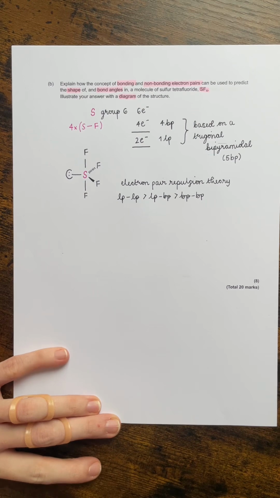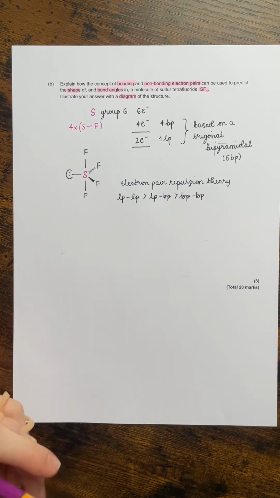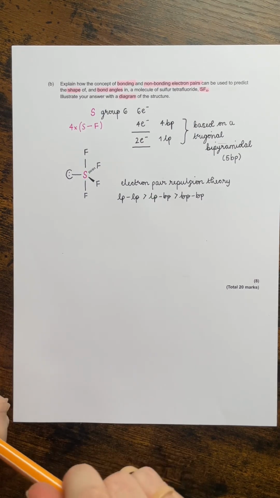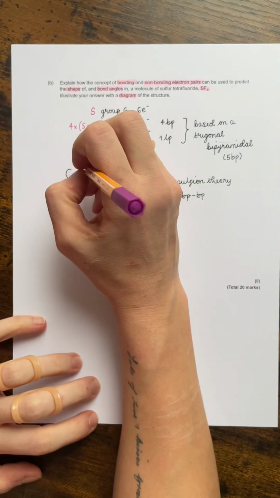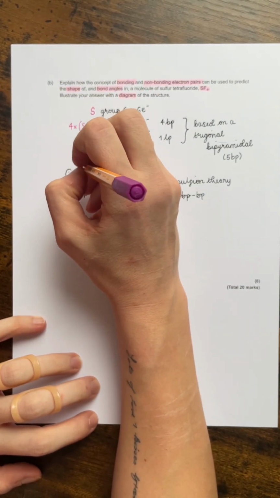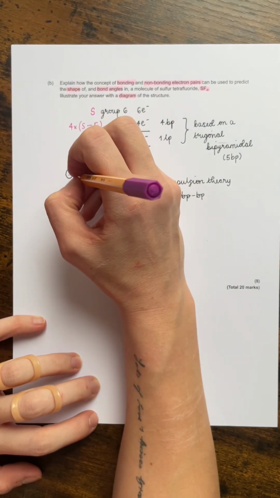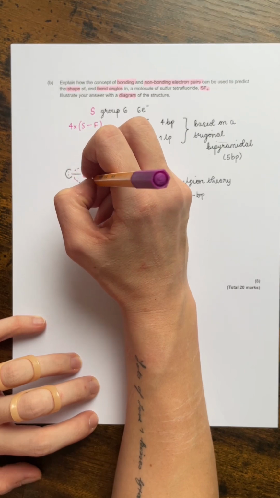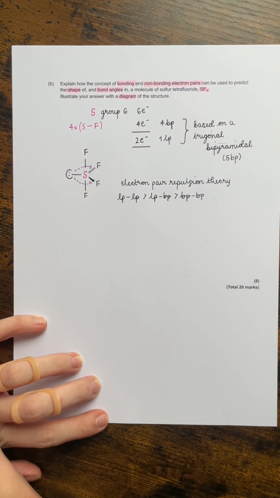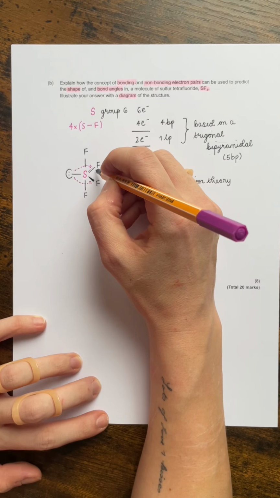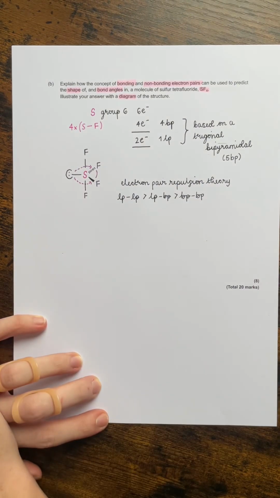So that means that my lone pair is going to push the fluorines around the equatorial positions away from itself, and they're going to end up getting closer together than they normally would be.